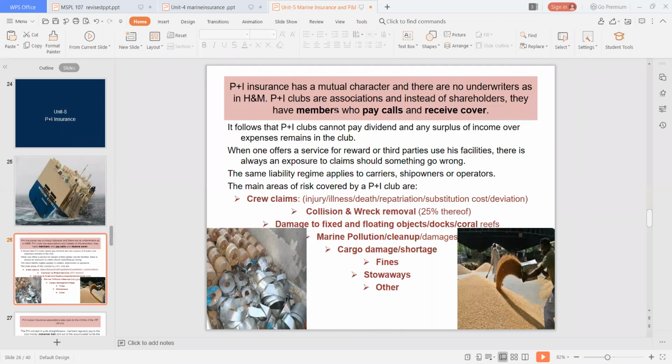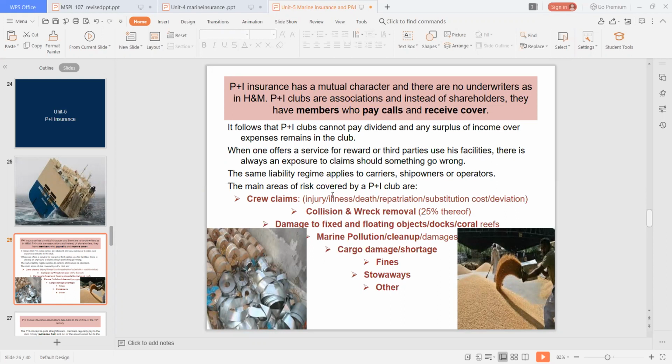So P&I clubs cannot pay dividends, and any surplus of income over expenses remains in the club. When one offers a service for reward to third parties, there is always an exposure to claims should something go wrong.